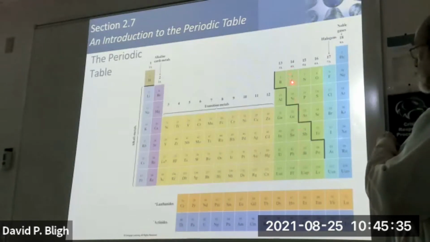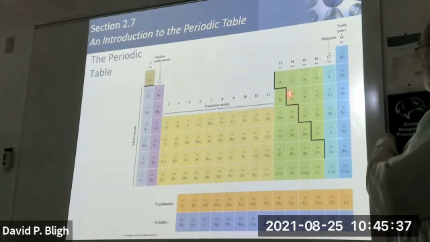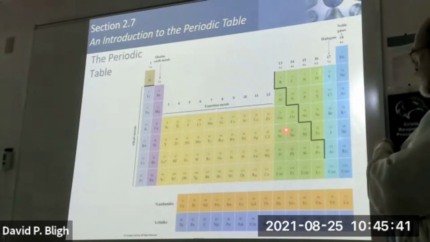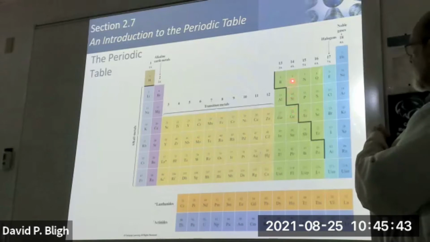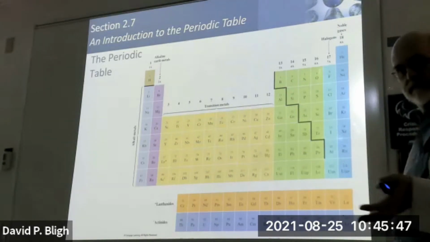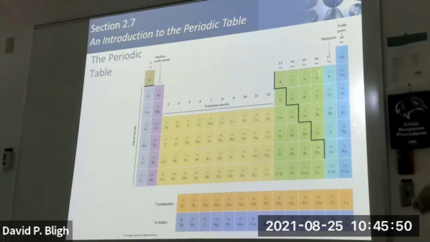And then carbon group, carbon, silicon, germanium, tin, they tend to form, well, not so much tin. Germanium maybe. They can either be +4 or -4. It depends on what they're bonded with.